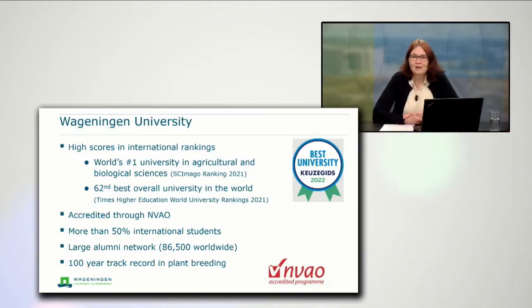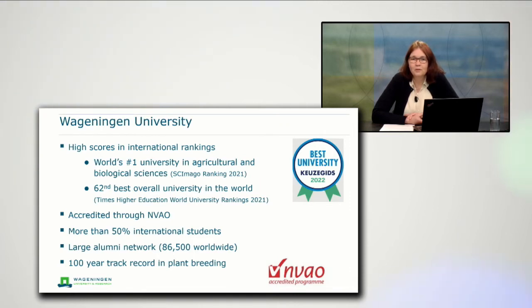That's really nice. So I'll start off with some information on Wageningen University. As you probably know or have read already on our website, Wageningen University always scores very high in international rankings.